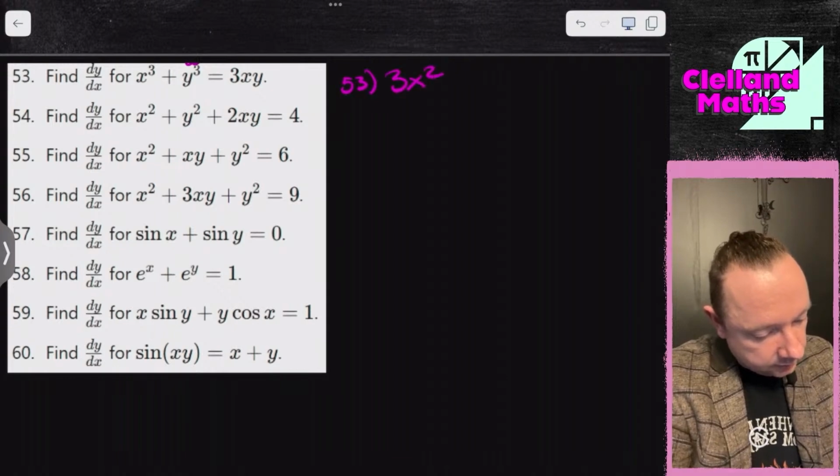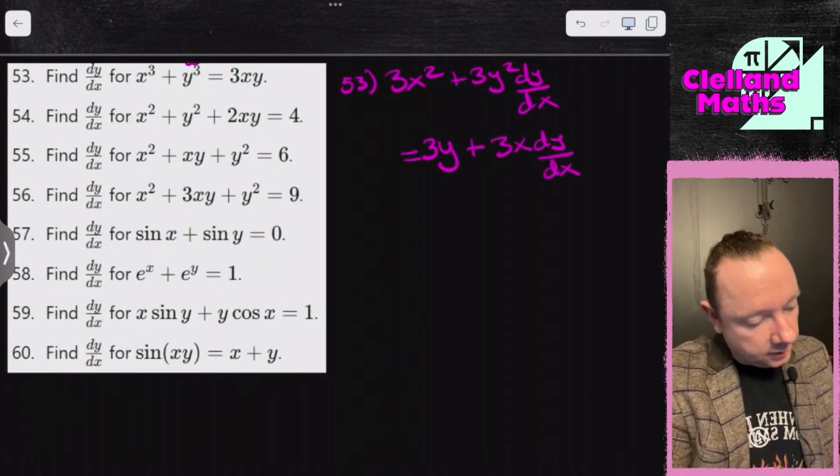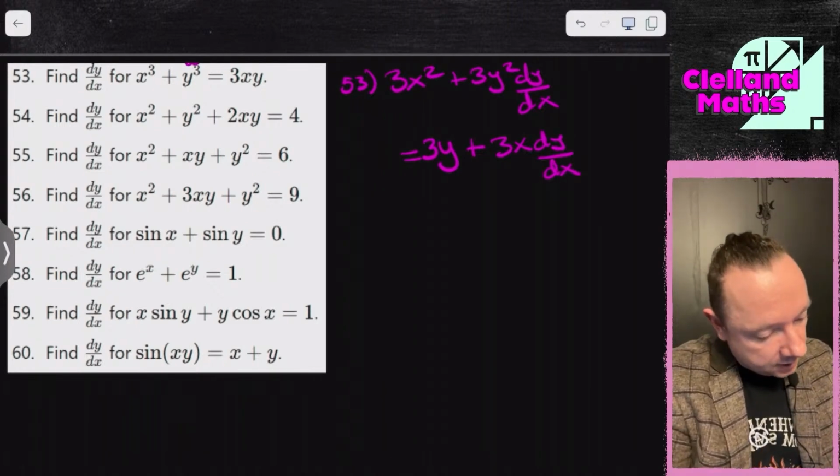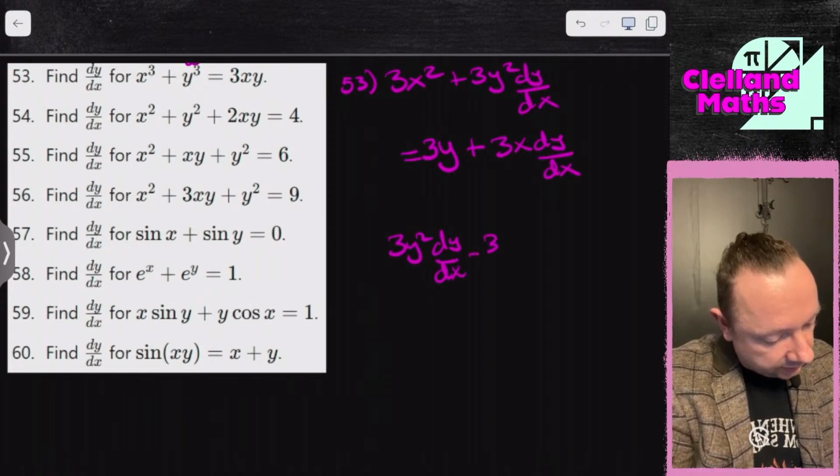dy by dx for this, 3x squared, 3y cubed, 3y squared, dy by dx equals a chain. v is y, u dash is 3x, which becomes 3, plus u is 3x, and v dash is dy by dx. So the dy by dx terms are over the same side, so move them to the left. So I've got 3y squared dy by dx minus 3x dy by dx equals 3y minus 3x squared.